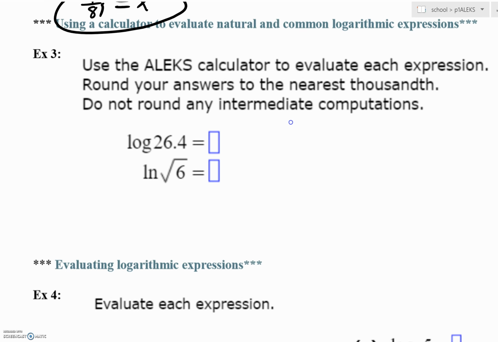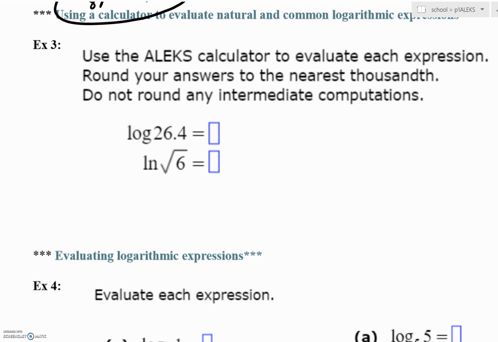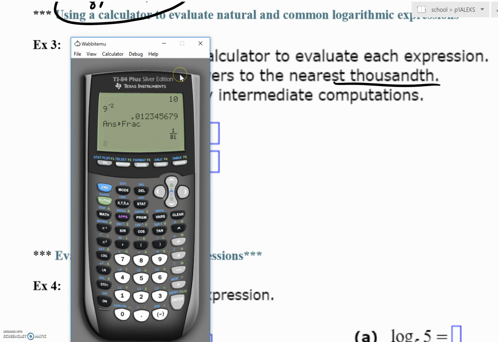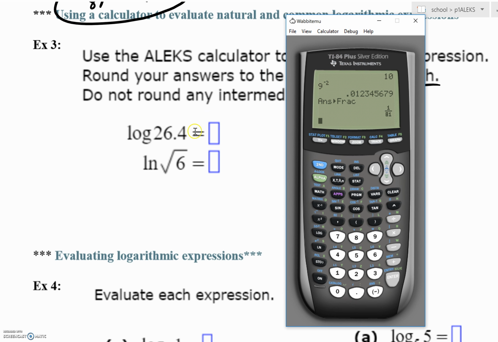All right. The last ones are really just working out to the nearest thousandth using your calculator. So this is where you want to have your calculator out. As we do this, guys, it'll say log. Your log button's right next to the 7. This is log base 10, by the way.